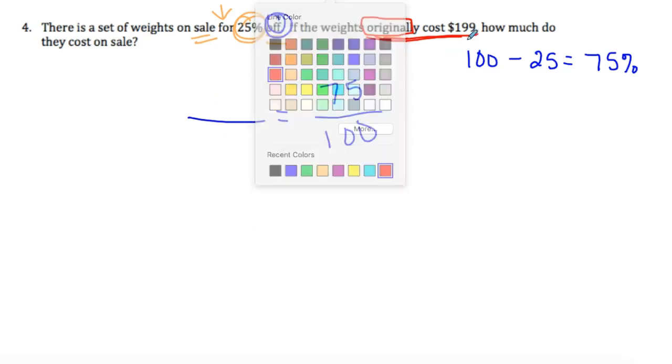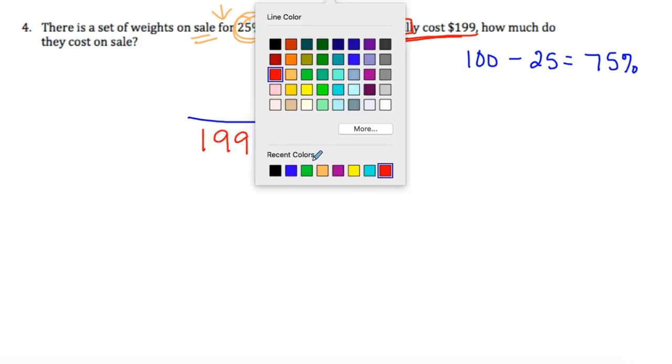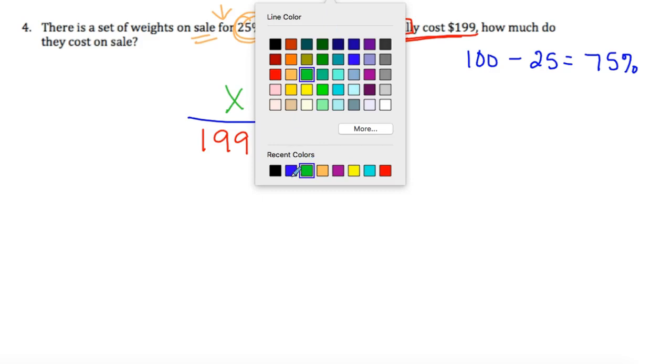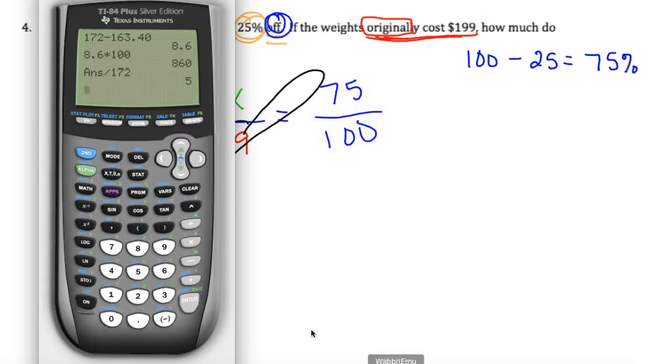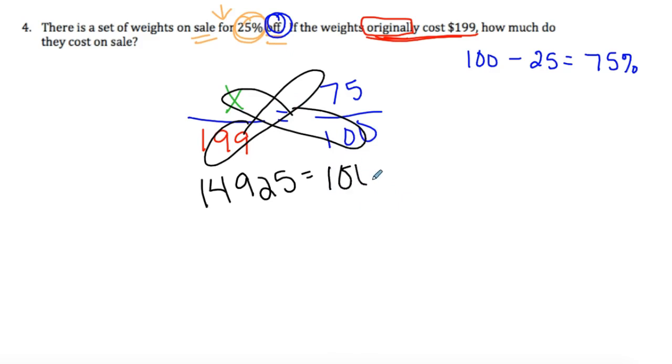Now I'm going to take my original cost and put that here. I'm looking for the sale price. I'm trying to calculate how much money I am going to spend on this item. So if we cross multiply 199 times 75, that'd be 14,925, is equal to 100x.